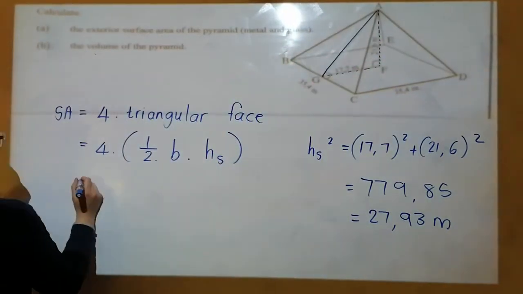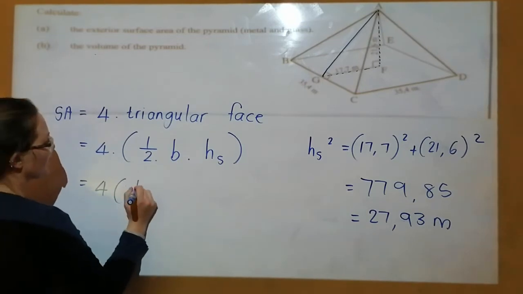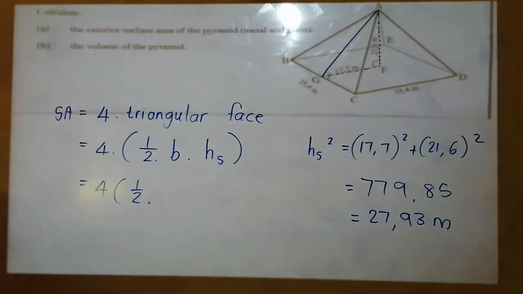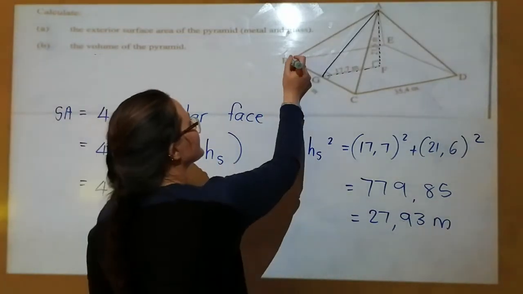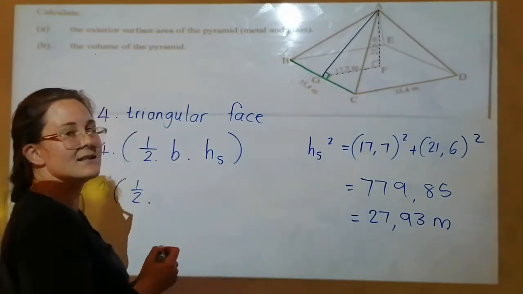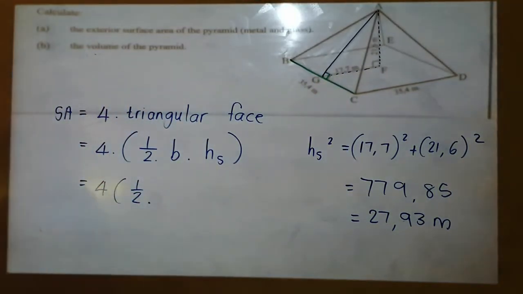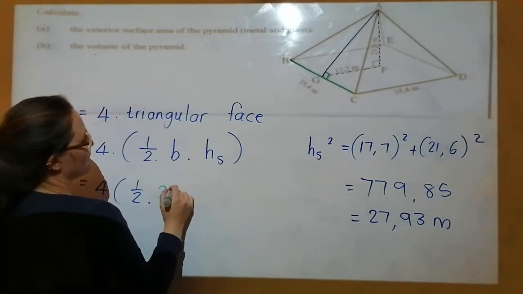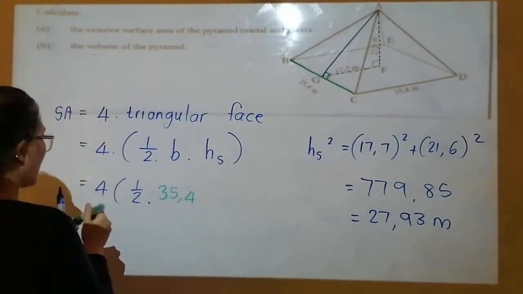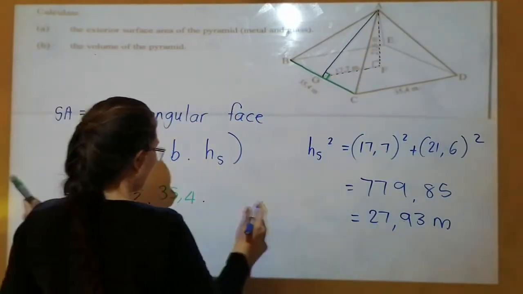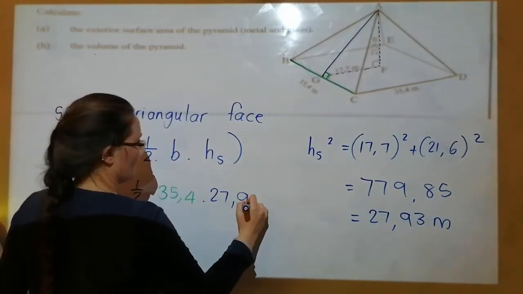So if I had to substitute in here, we've got 4 times half times the base of the triangular face. So here's the base of the triangular face, because here's where they meet at 90 degrees. So we've got 4 times a half times 35,4 times then the height slant, which was what we got here, 27,93.